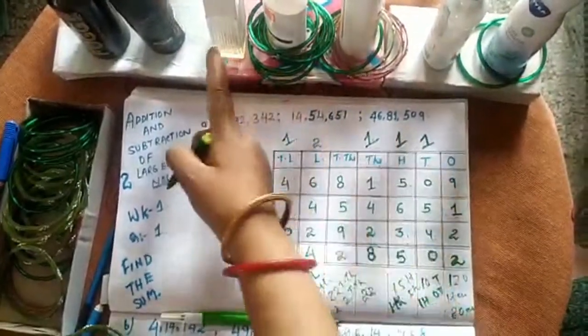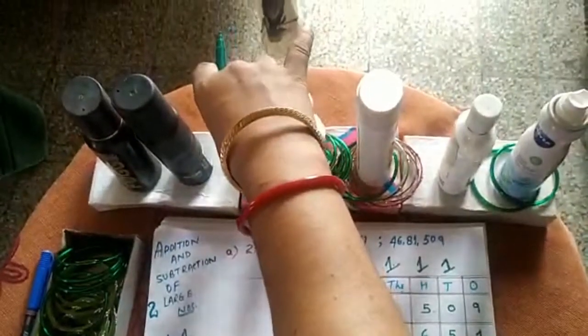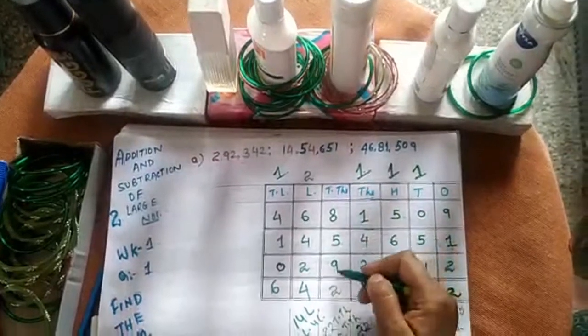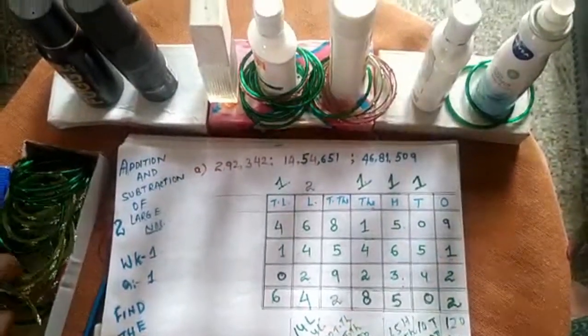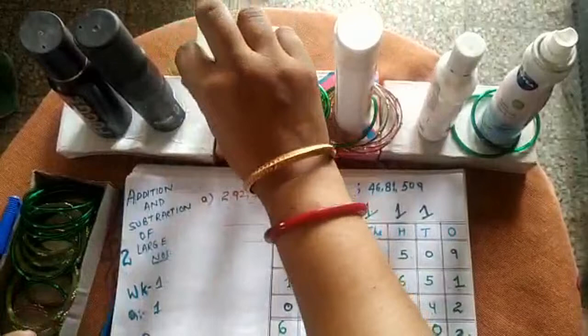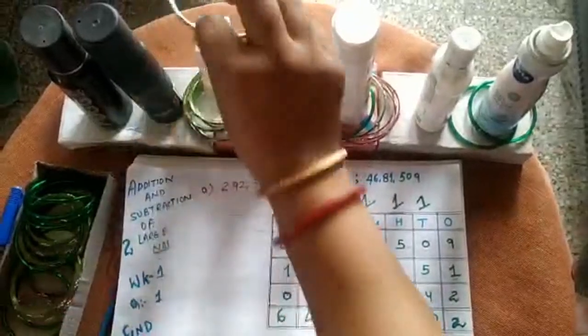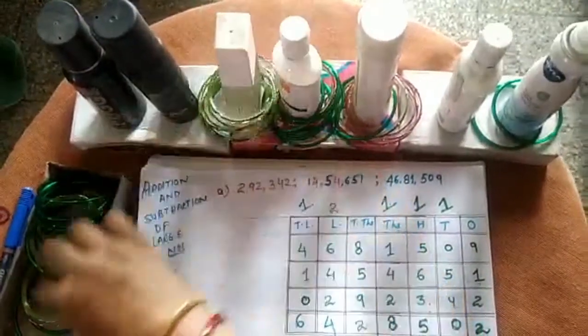Now come to the 10,000s. In the 10,000s place, what digits are to be added? 8 ten-thousands, 5 ten-thousands and 9 ten-thousands. Let's start with the 8 ten-thousands: 1, 2, 3, 4, 5, 6, 7, 8 ten-thousands.